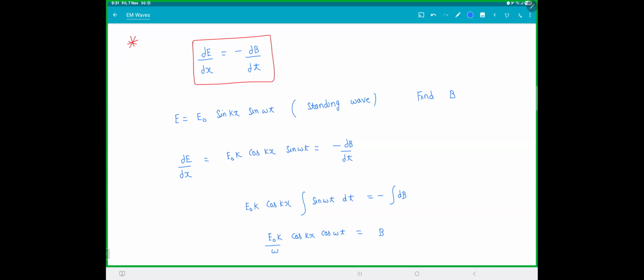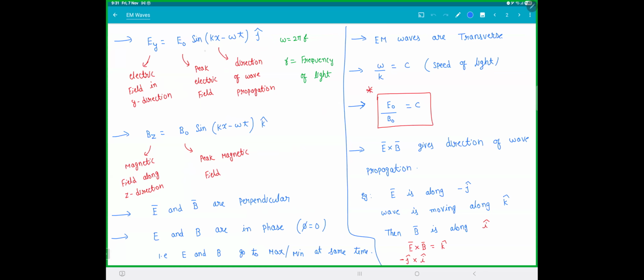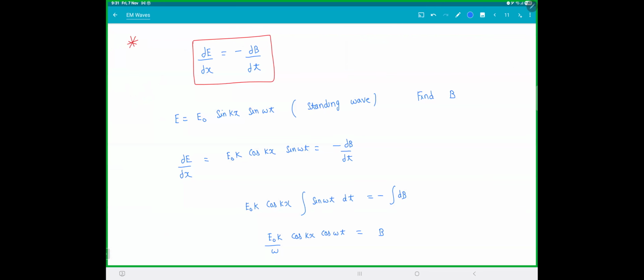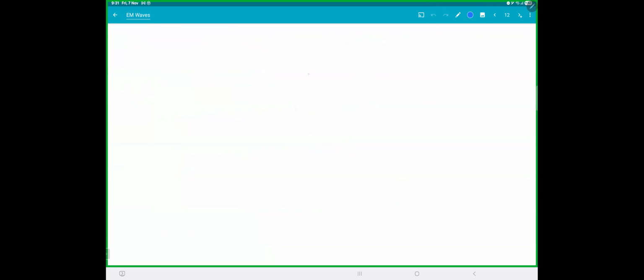You remember me telling you that E and B will always be in phase. So this is sine, this is sine. If you blindly remember that, you will write the answer as sin kx sin omega t. But I defined that for a progressive wave. So you have to be careful with that. This is a stationary wave. Suppose you use a general equation, see what happens.